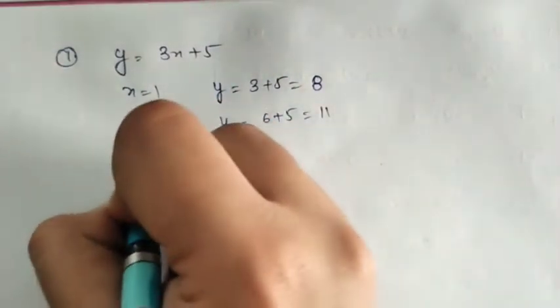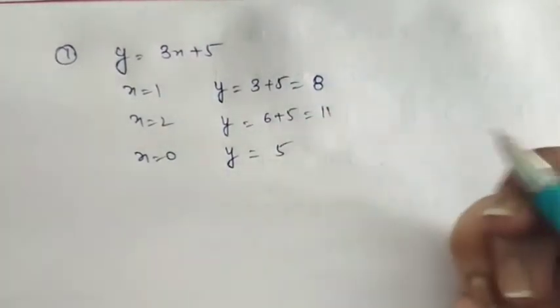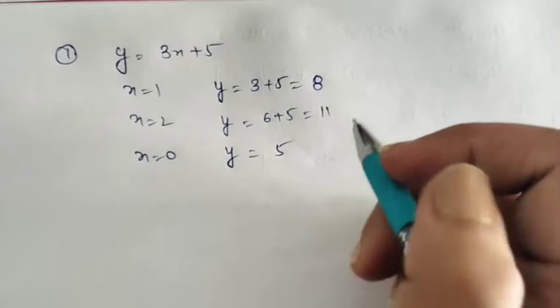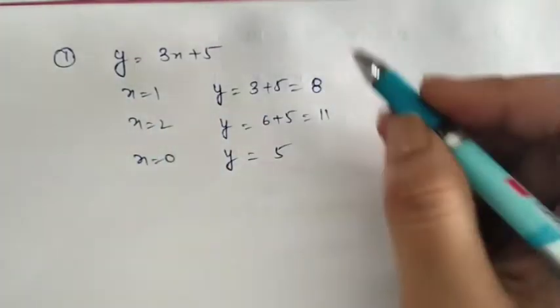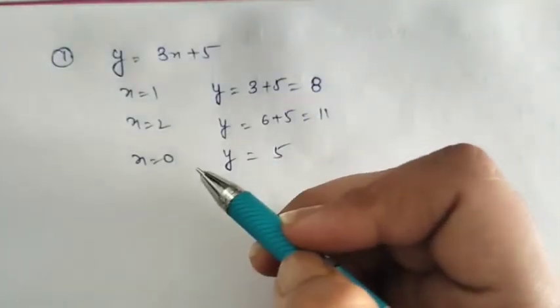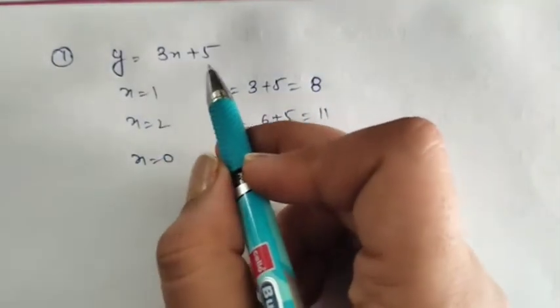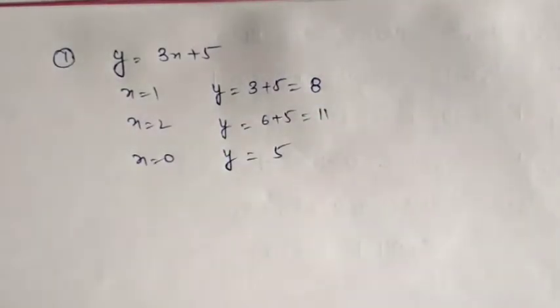If I put x equals to 0, then y will be 5, right? So you can see that if I change the value of x, then the value of y also changes. It means the equation represented by y equals to 3x plus 5 has infinite many solutions. Okay, now we are going to solve the next question.